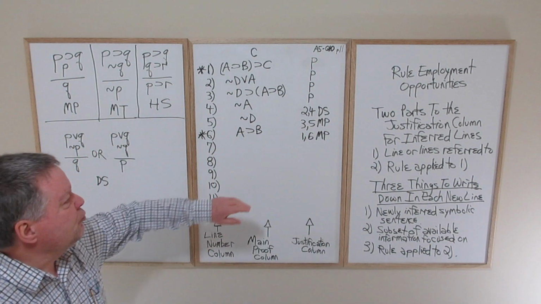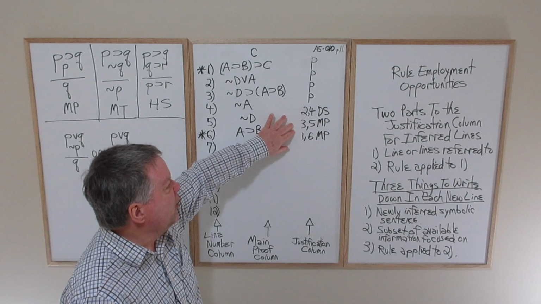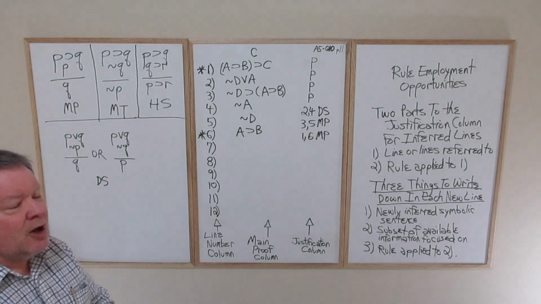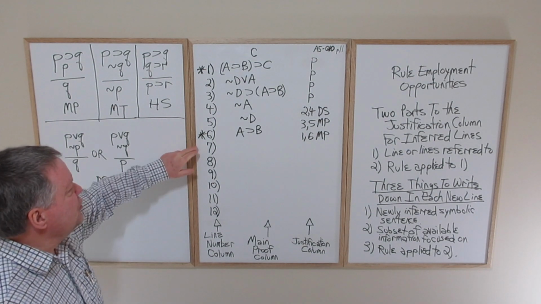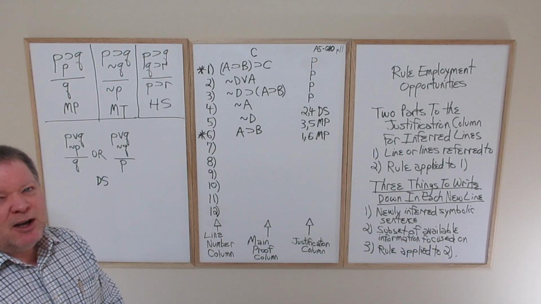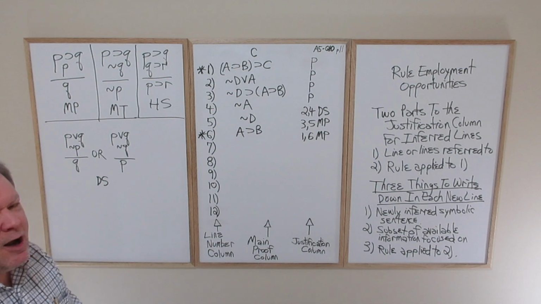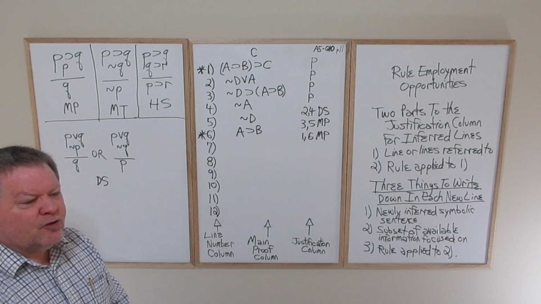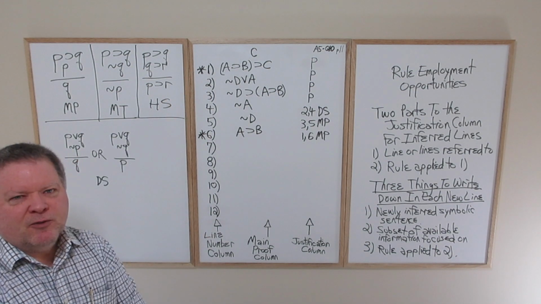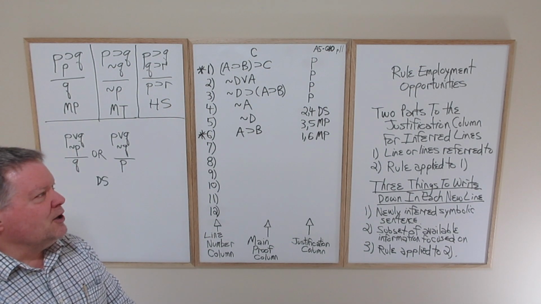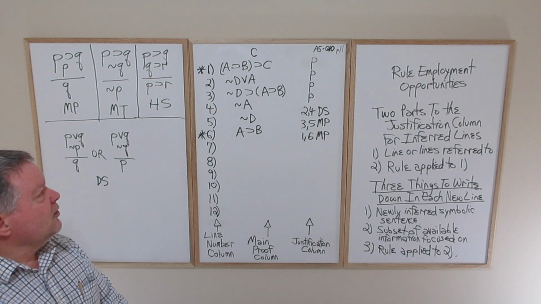So there is no restriction that, let's say, since we already used modus ponens in line 6, we can't use it again. Each new line of inference is an entirely new logical operation. Any of the available rules can be employed if you can specify a subset of your information that satisfies the rule employment requirements.